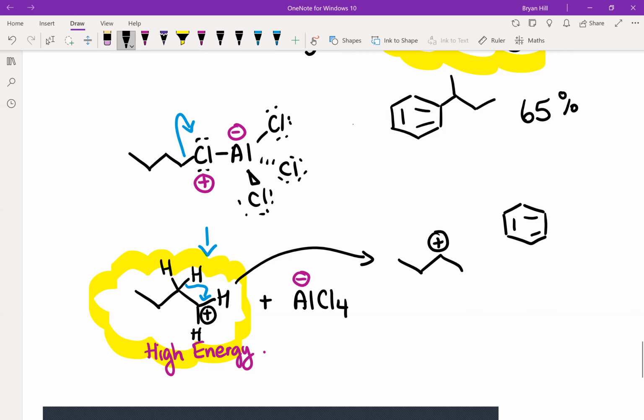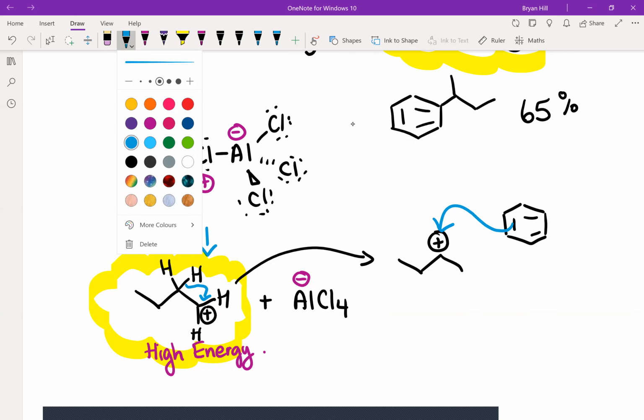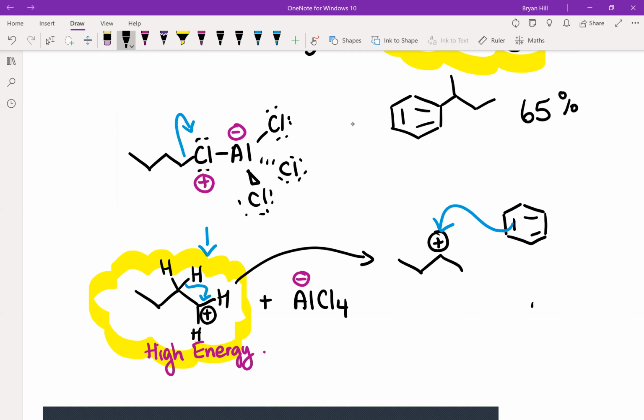And the Lewis base, in this case, we could have our aluminum tetrachloride. One of these chlorines, with lots of lone pairs there, can jump off and grab that proton to make the HCl.